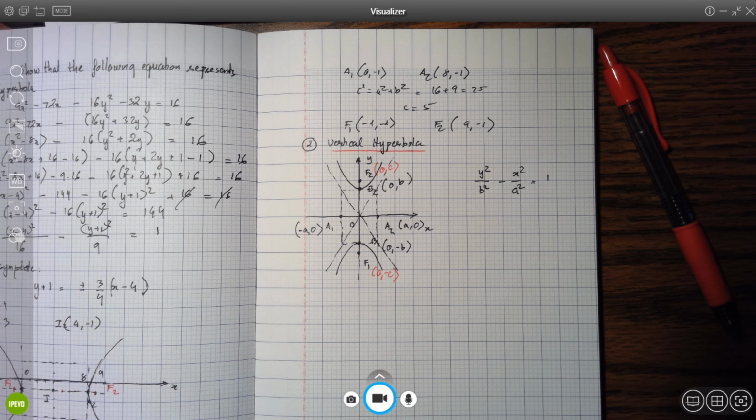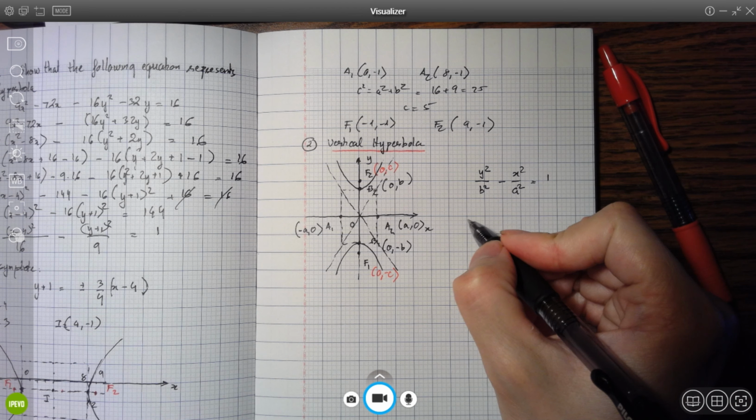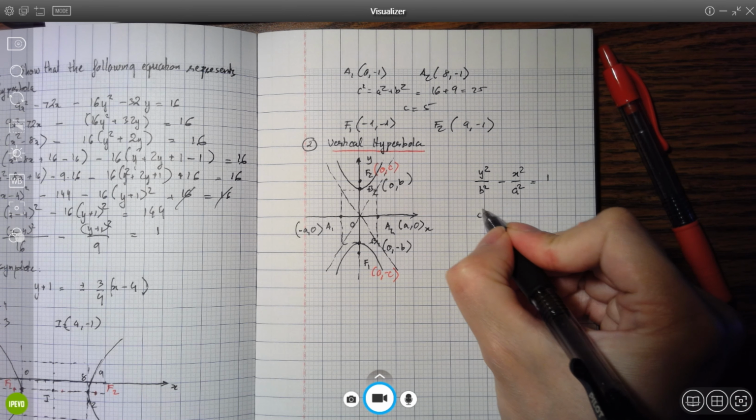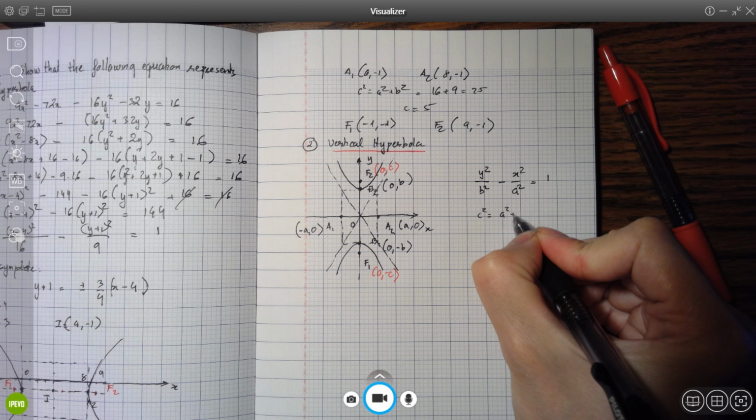It doesn't matter, it's just the name. You can use a, b, or even m, n. The major axis will be Oy, and the relation between a, b, c is still the same because it's addition: c square equals a square plus b square.